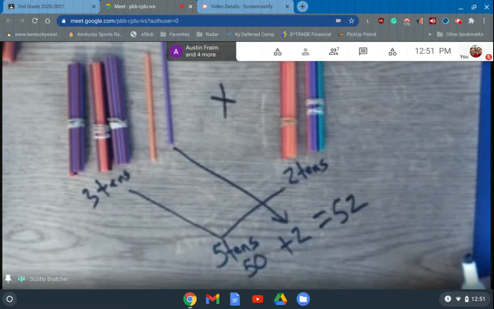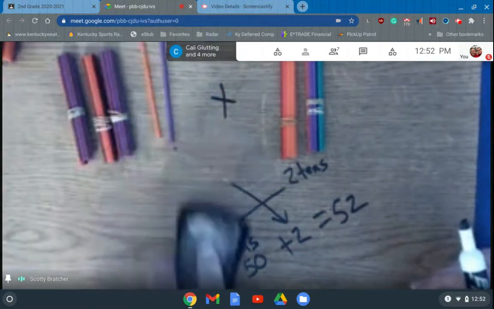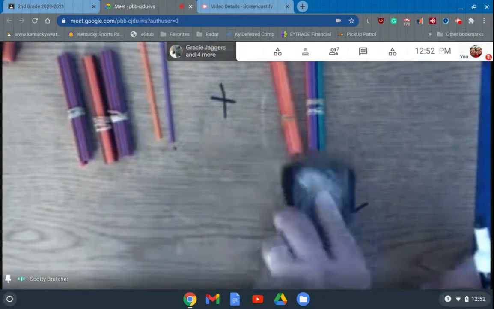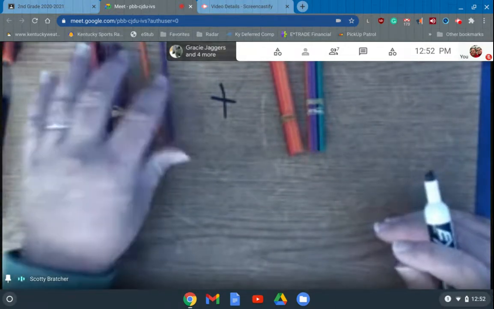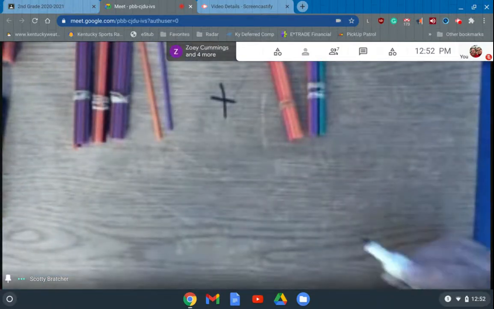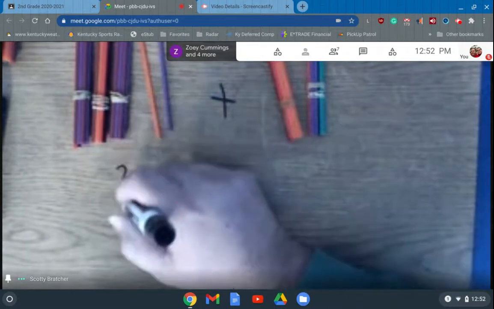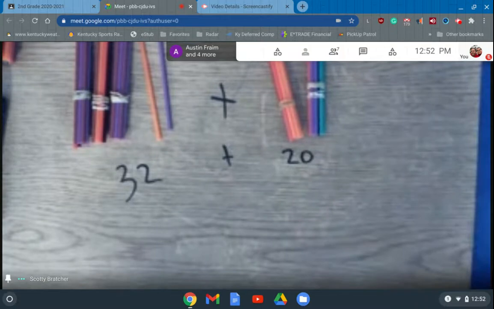All right. So I'm going to show you another way, ultimately the way that we're going to do this. Okay. So I'm trying to slide up so everybody can see. I've got plenty of room here to the right. This is 32 plus 20. Okay.